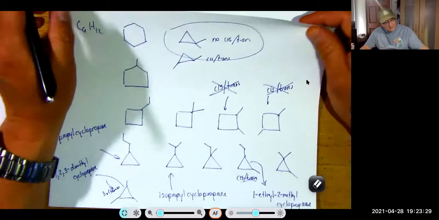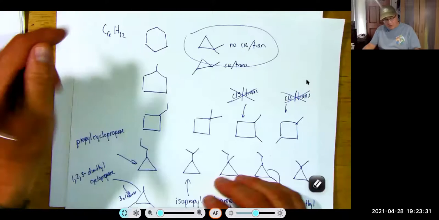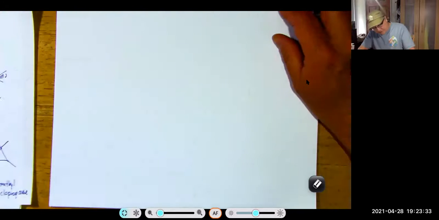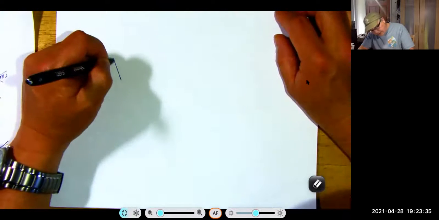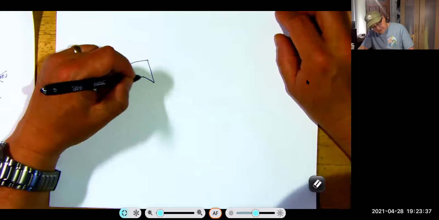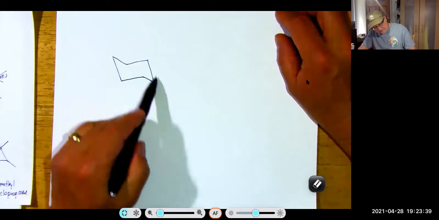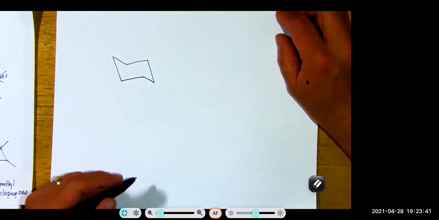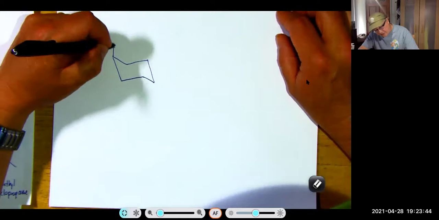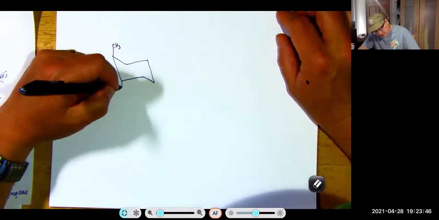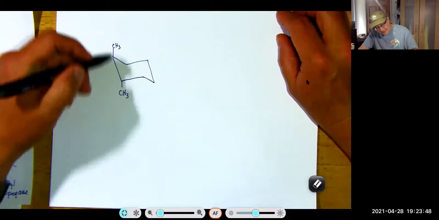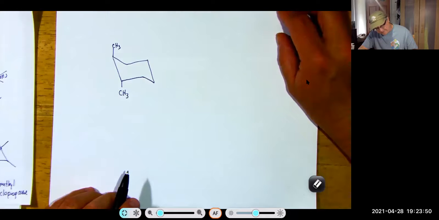Yep. Here's an example of a molecule. Can you see that this is cyclic, 6 carbons in a row? Okay, so if I have a CH3 here and a CH3 here, does that look like cis or trans? It's trans.